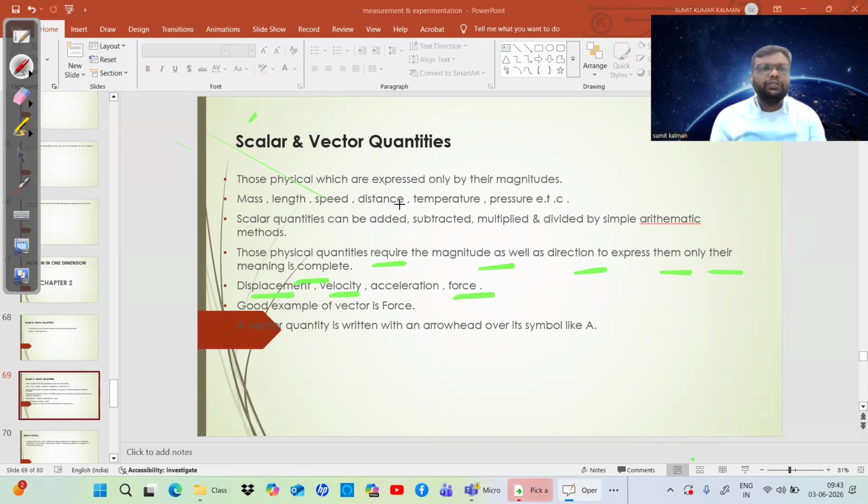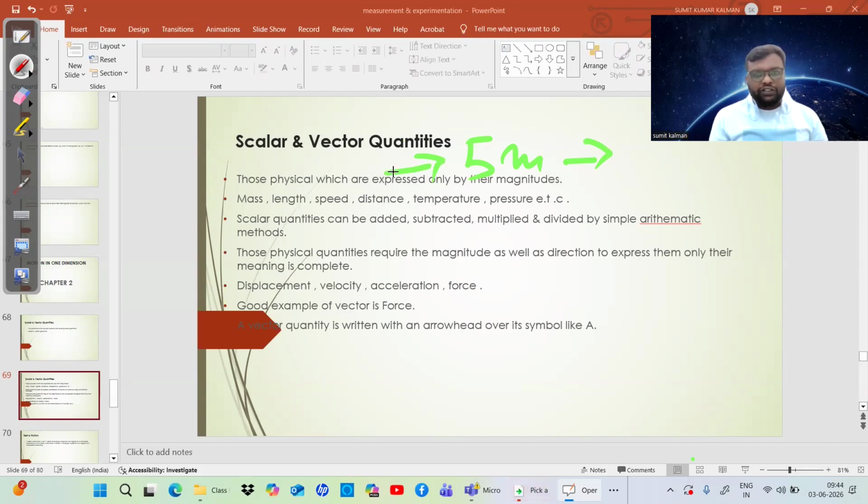Let me give you one example. Suppose I am saying displace a particle from a point by 5 meter.